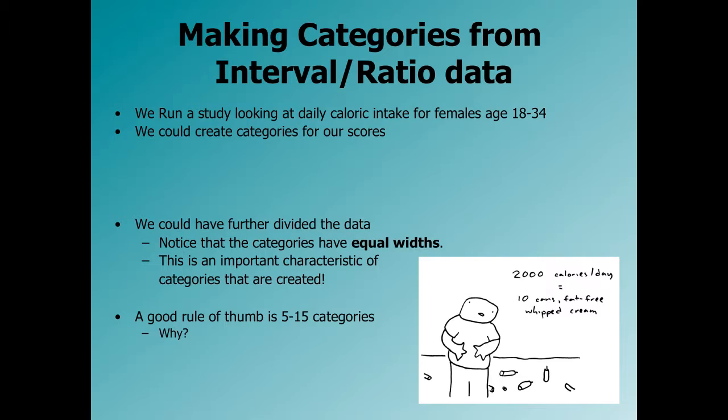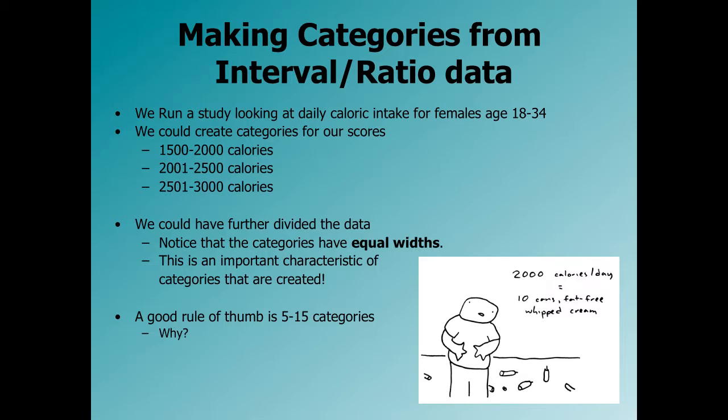So let's see an example here of interval and ratio type of data. So maybe you run a study looking at daily caloric intake for females age 18 to 34, and the lowest caloric intake of a participant is 1500 calories, your highest one is 3000.